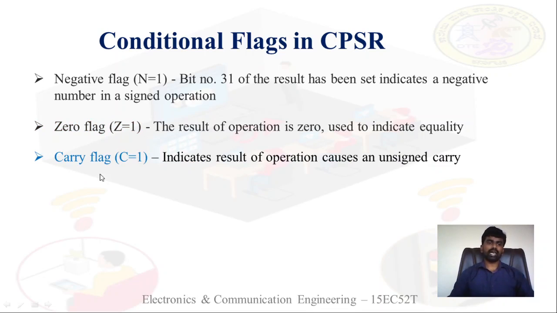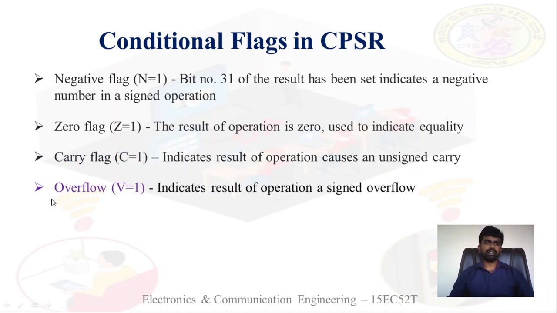Next one is the carry flag. The name indicates whether there is any carry or not. When C is equal to 1, that indicates the result causes an unsigned carry. If it is equal to 0, there is no carry. Then there is the overflow flag bit.